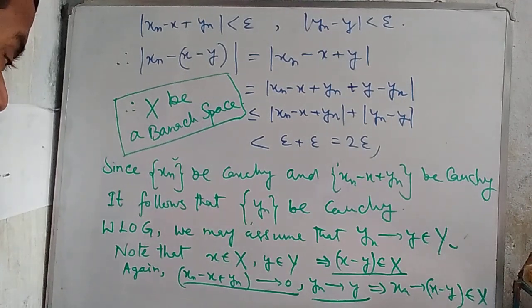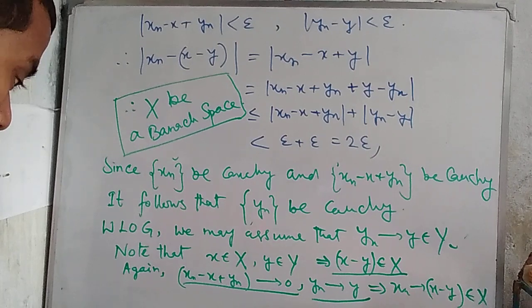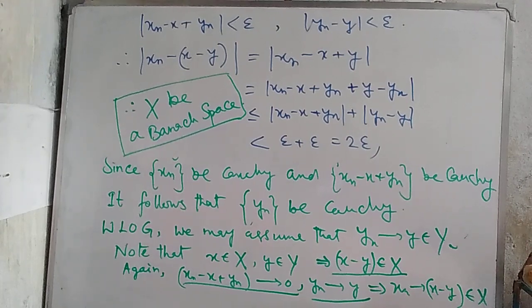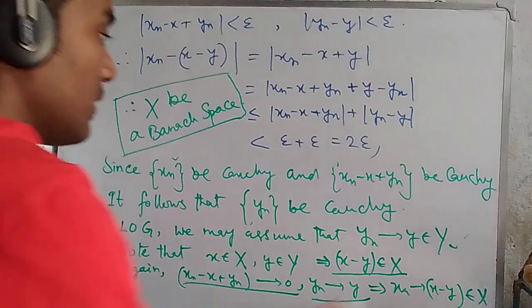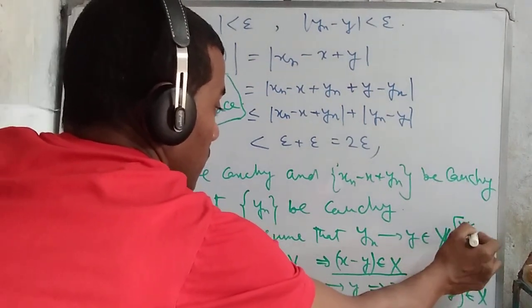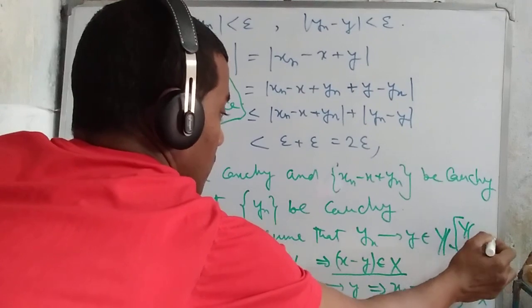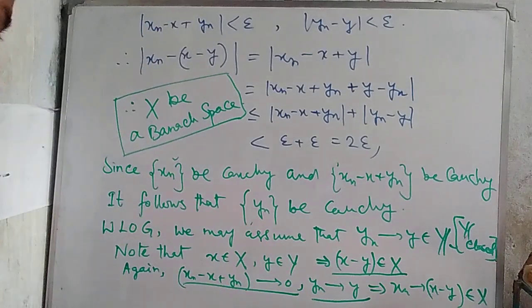Then by the definition, we proved that xn − x + yn converges to 0. Then again xn is Cauchy, so yn is Cauchy, and without loss of generality yn converges to y, which belongs to Y, because Y is a closed subspace. Here we write, since Y is closed.